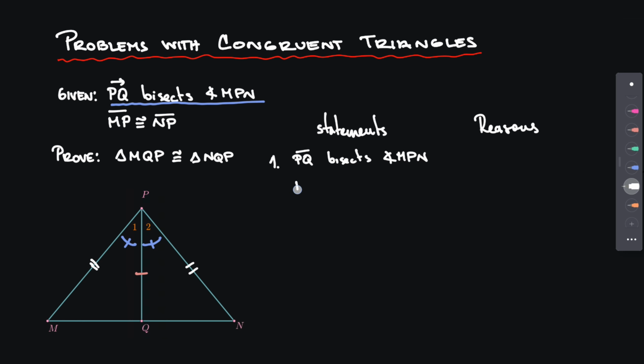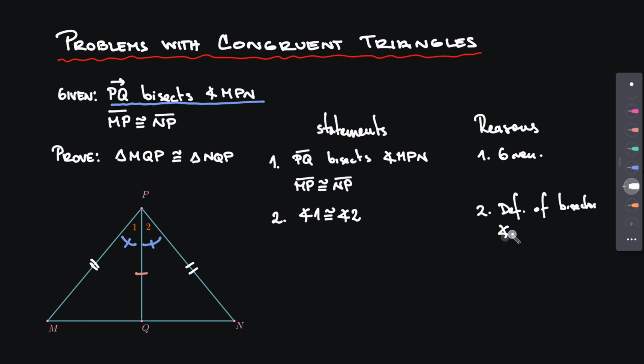And also segment MP is congruent with segment NP, right? This is the given. We already noticed that angle 1 and angle 2 are congruent. So angle 1 is congruent with angle 2 by the definition of bisector of an angle, right?